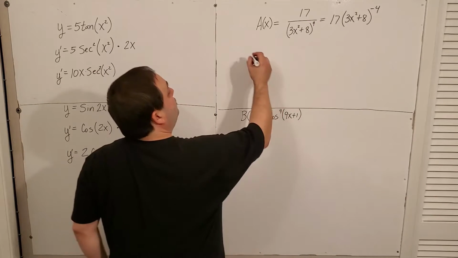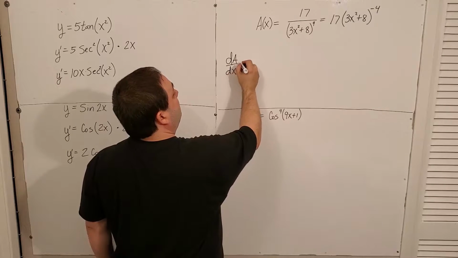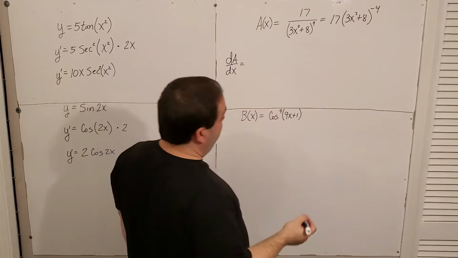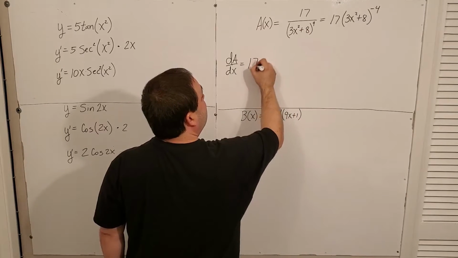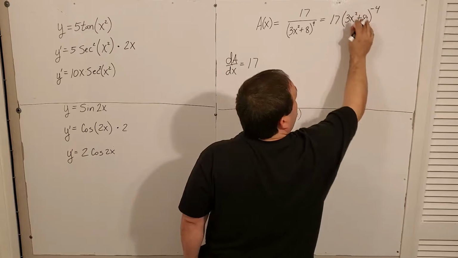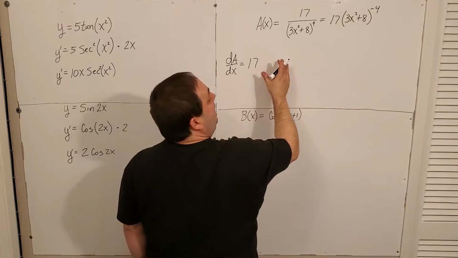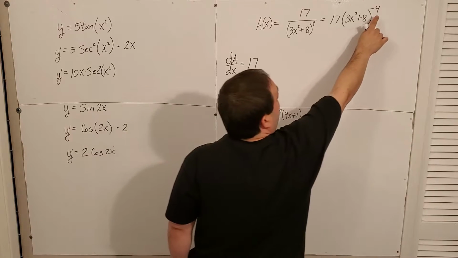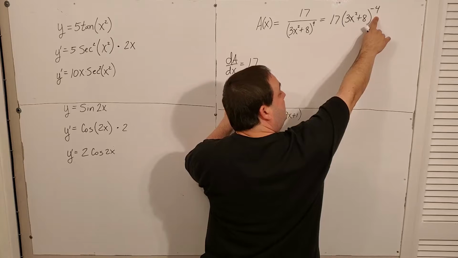Okay, so dA dx, or a prime of x, whichever way you want to look at it, is going to be the 17 is along for the ride. I'm doing the outside derivative first, so ignore this inside. It's not his turn. He's just going to get copied. But remember, power rule, even with the negative numbers, we proved it was okay with negative numbers.